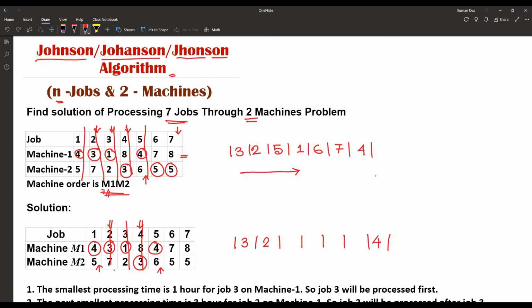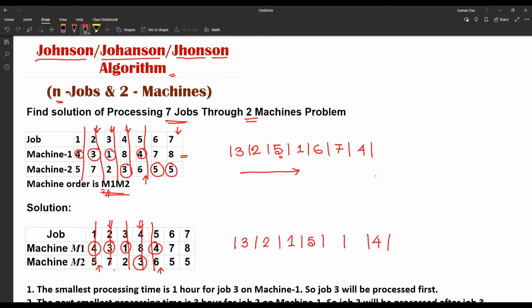According to that, we wrote 5 in the first position because job 5 has the largest processing time for machine M2. But here we are changing the sequence. That means the job which has the minimum processing time in machine M2, we write first, and then immediately we write job 5. So we cross out that thing.